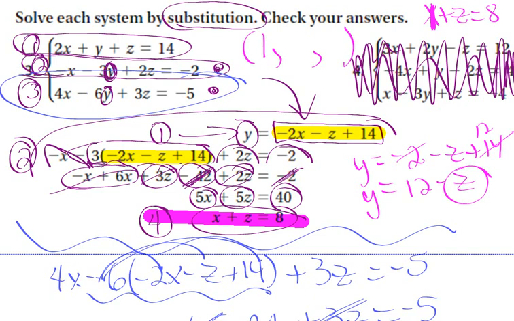So subtract 1 from each side and you get z is equal to 7. Okay, so now that we have x and z, now we can finish our statement there. So z is 7. So we're going to have y is equal to 12 minus 7, which is 5.